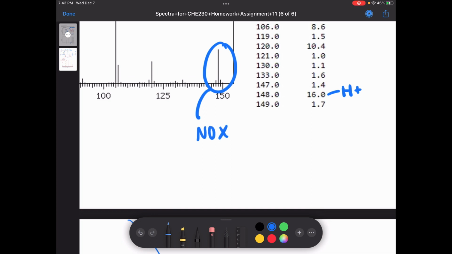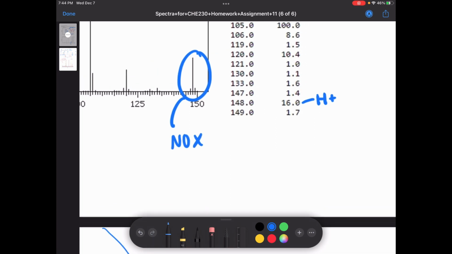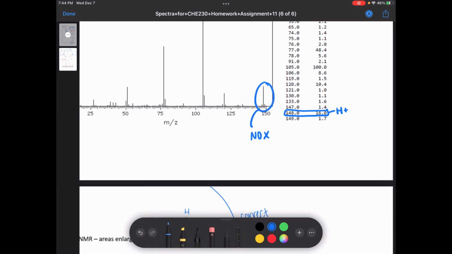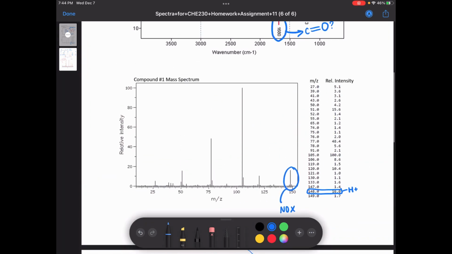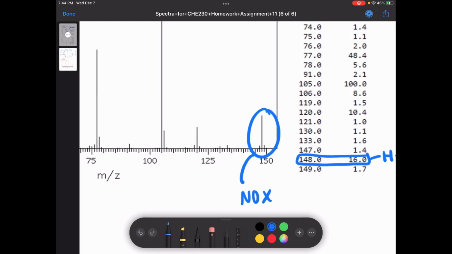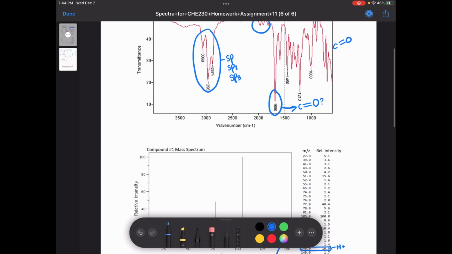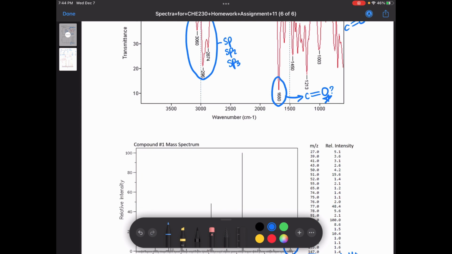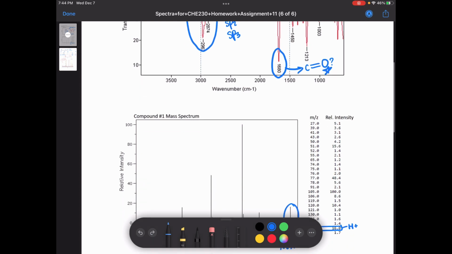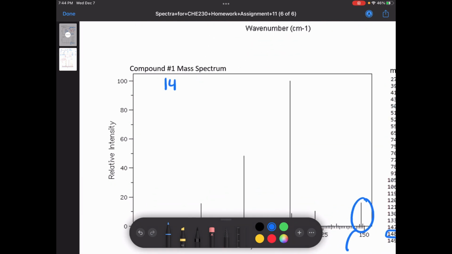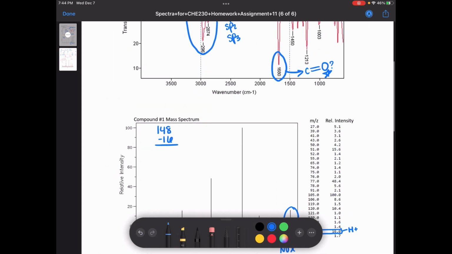So there's no halogens. But at our H+, this is this position right here, we see that we have 148. And with that, up here we decided we think that there's this oxygen right here. We're going to do that 148 and subtract 16 to account for that oxygen, because we really think that there's an oxygen there.